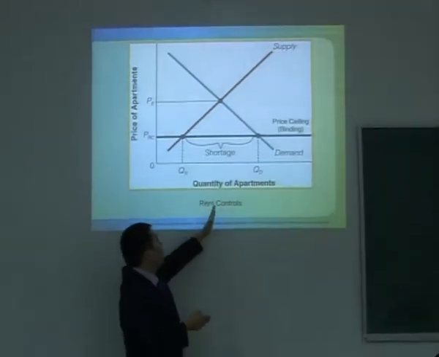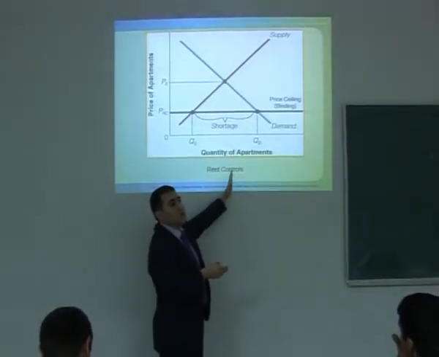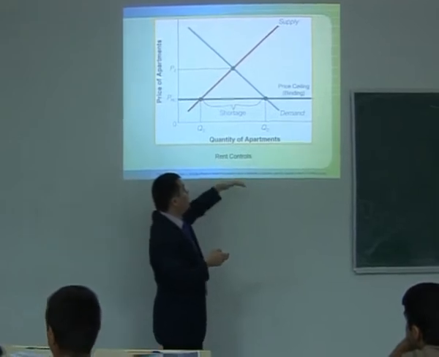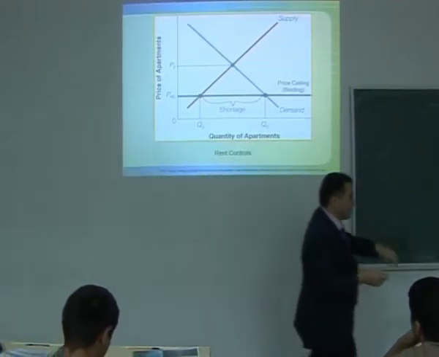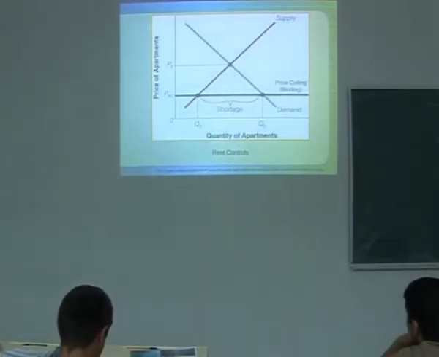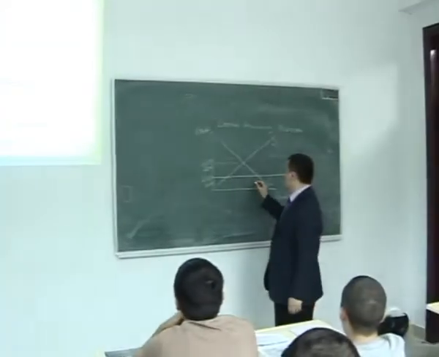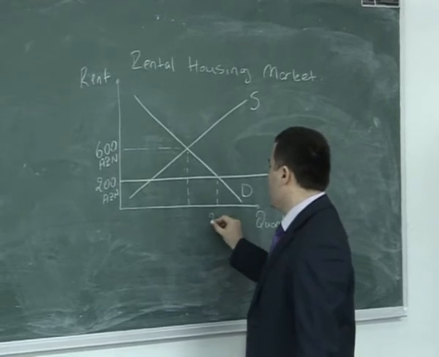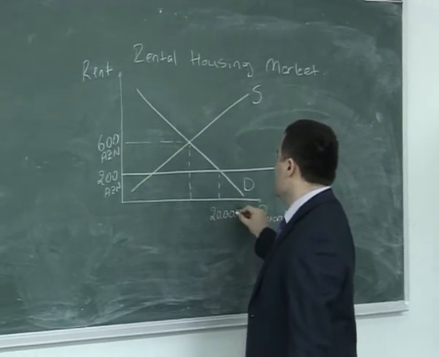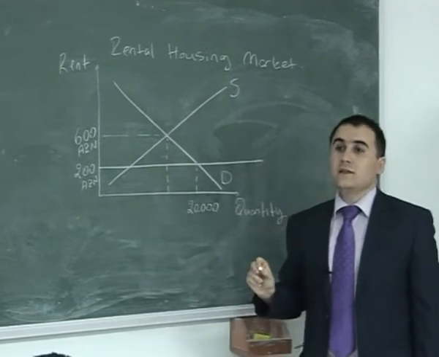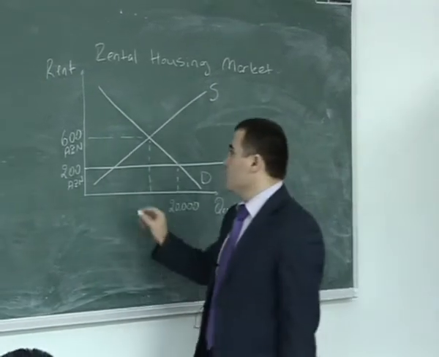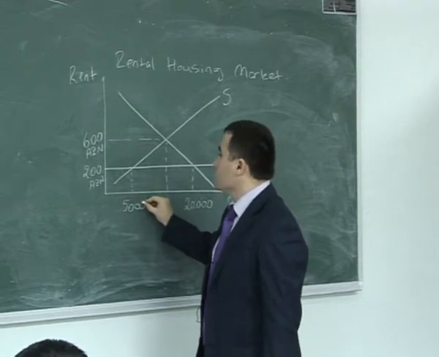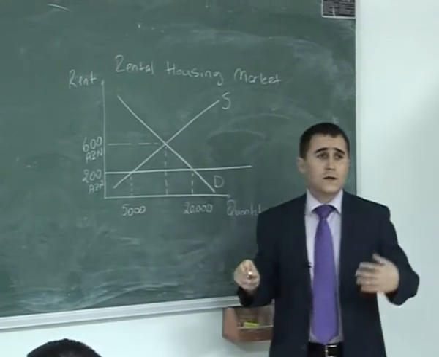But on the other side, the quantity of apartments supplied will go down. Let's give a numerical example. When the price is 200 Azerbaijani manats, there are, for example, 20,000 houses demanded for rental housing, but only 5,000 houses are supplied.